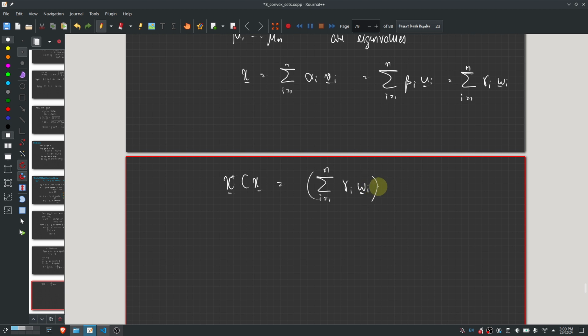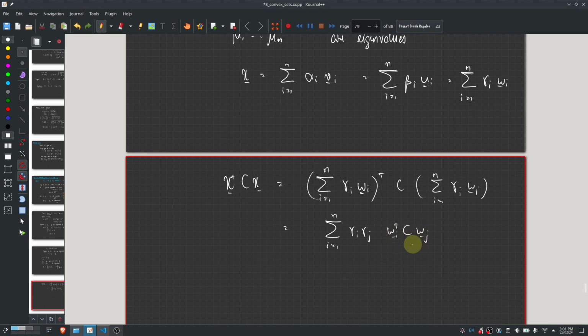wi transpose C times summation j equal to 1 to n gamma j wj, which is nothing but summation gamma I gamma j wi transpose C wj.